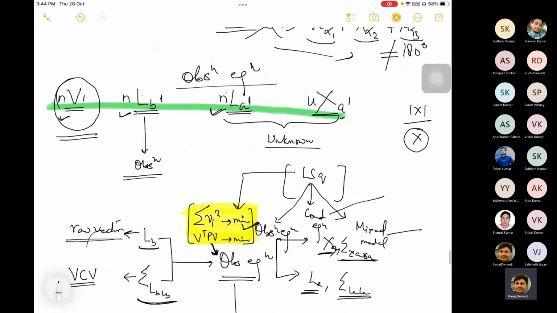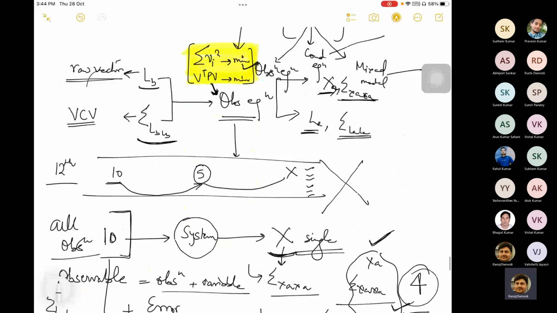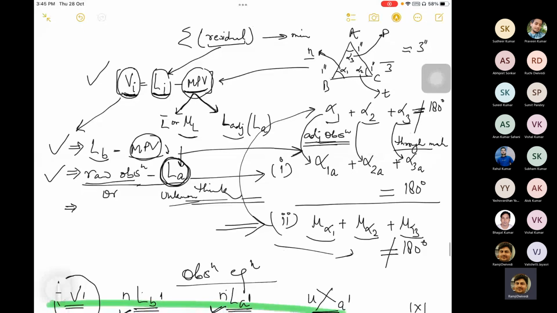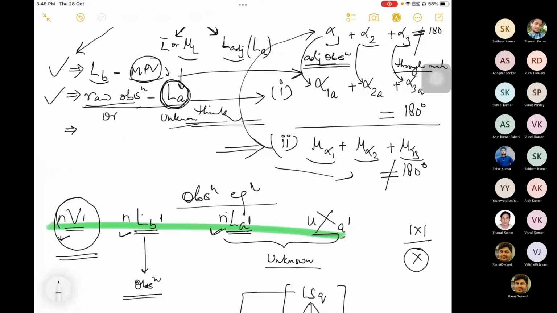Vi is purely related with observation only, so the size would be the same.